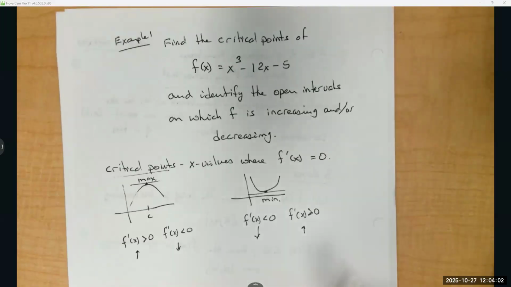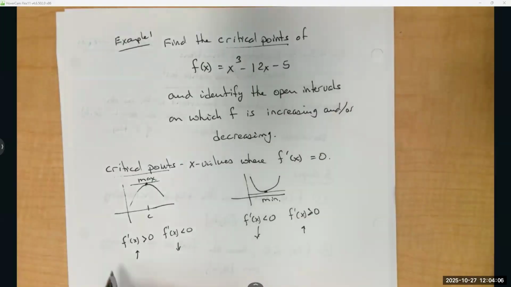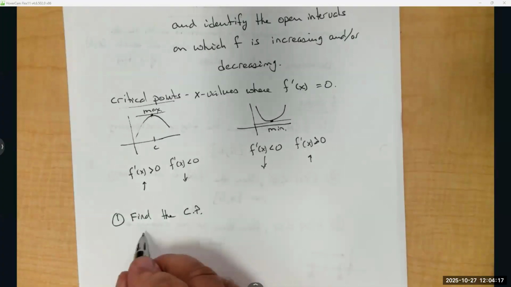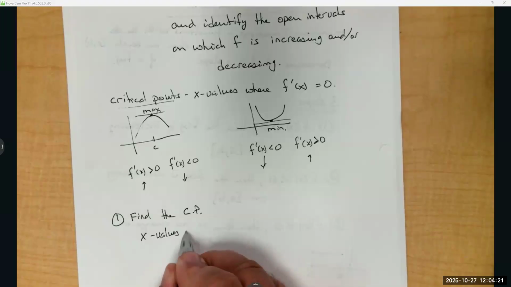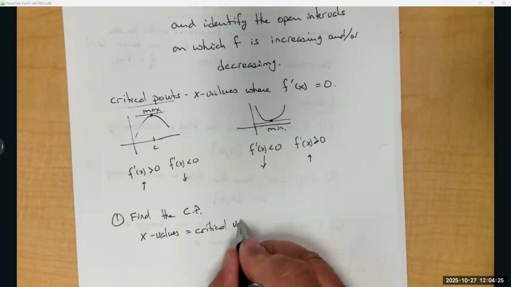So, find the critical points. First step. The actual x values are called the critical values.